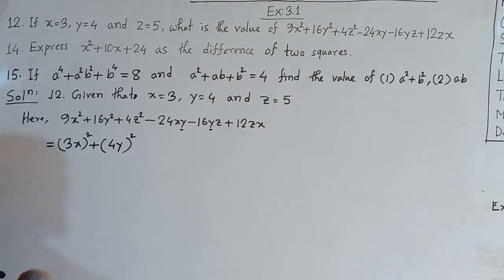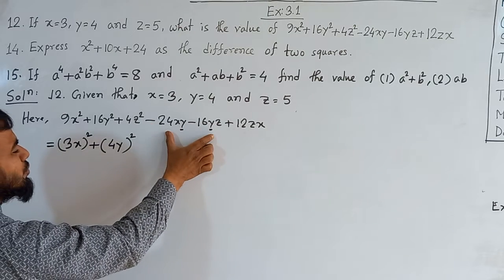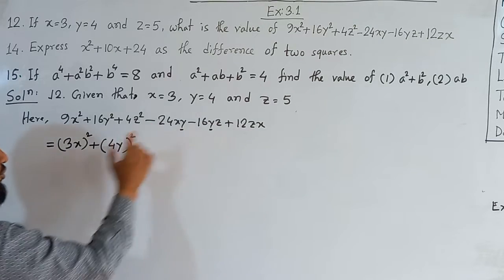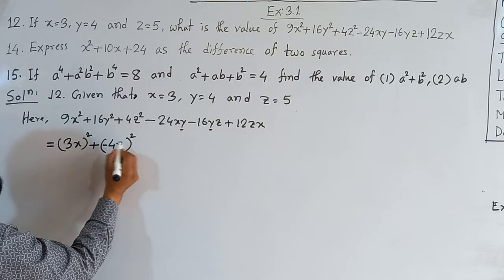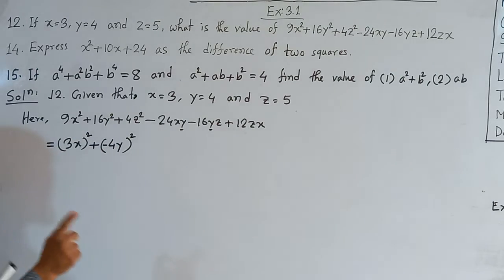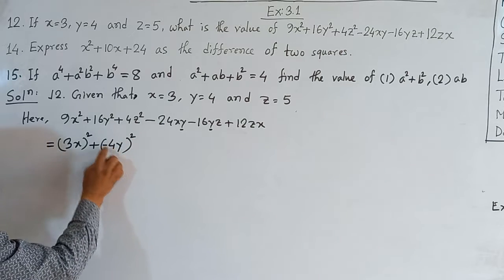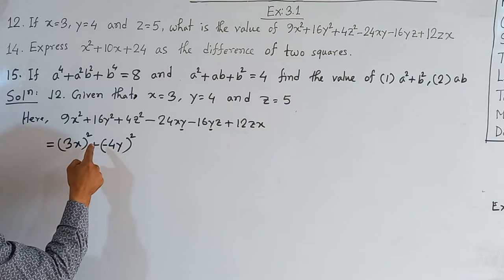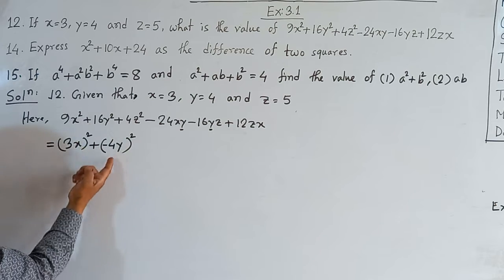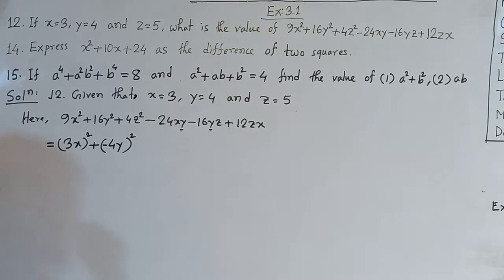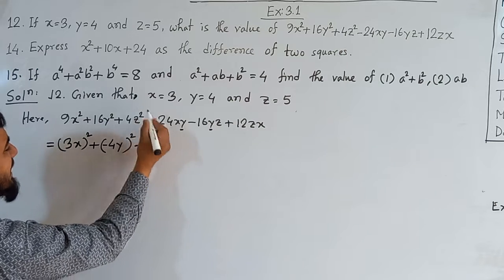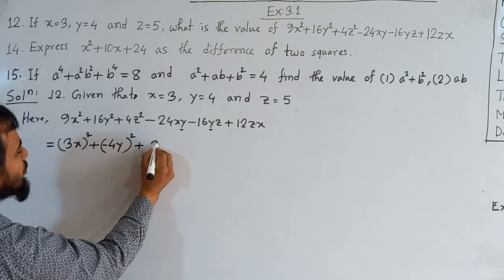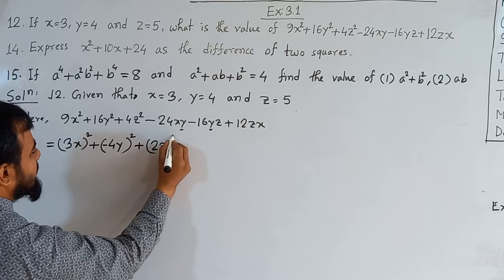But there is the minus sign before these two terms and y is common, so we must take minus 4y whole squared. Minus 4 squared means 16, and y squared means y squared, so we get back this 16y squared. Now it's 4z squared. 4z squared means 2z whole squared.